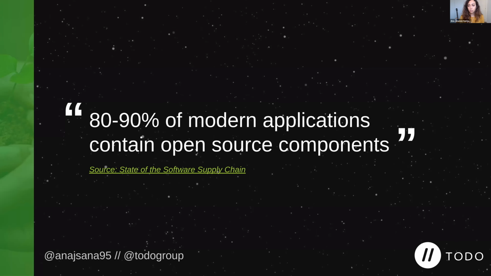Between 80 to 90% of modern applications now contain open source components, which means that many more organizations are starting to see the benefits of open source and are forced to deal with open source, start learning about open source and being engaged in open source projects and communities.